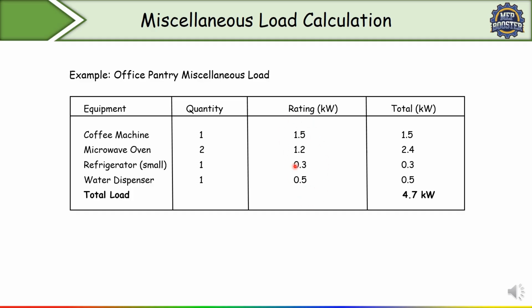Is it clear? Now see, total load we have got 4.7. As I told you, apply diversity, that is optional. 80% we have considered, 3.76 kilowatt, and when you add 20% safety margin, the final load is 4.5 kilowatt. So in this way we need to calculate the miscellaneous load.